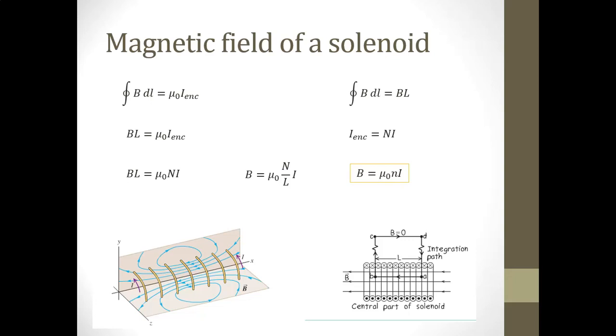You'll sometimes see it written this way, mu naught little n I, where little n is defined as the number of loops per unit of length. So you sometimes will find the magnetic field of a solenoid written that way, where little n talks about the number of loops per unit of length for the solenoid.